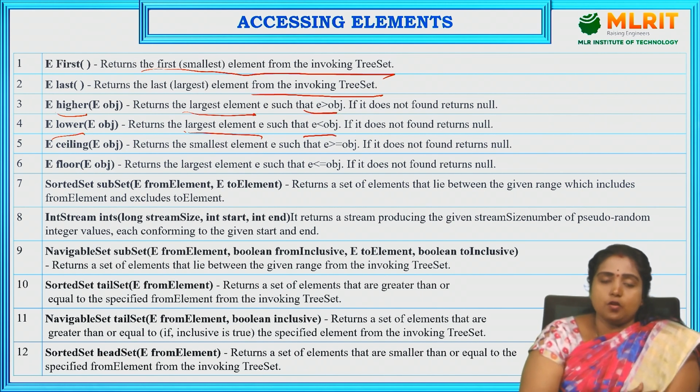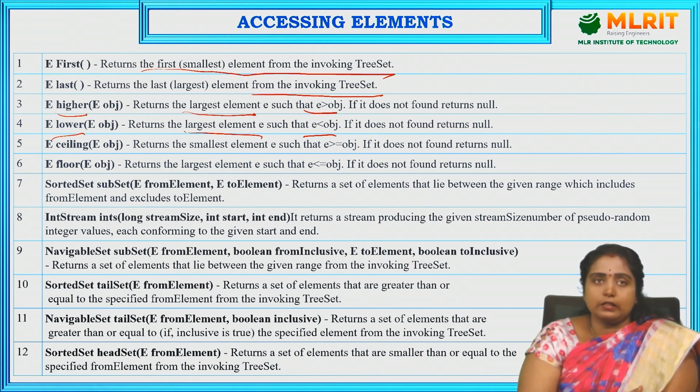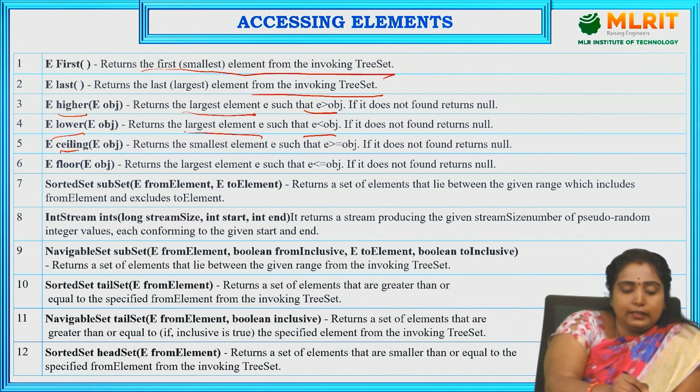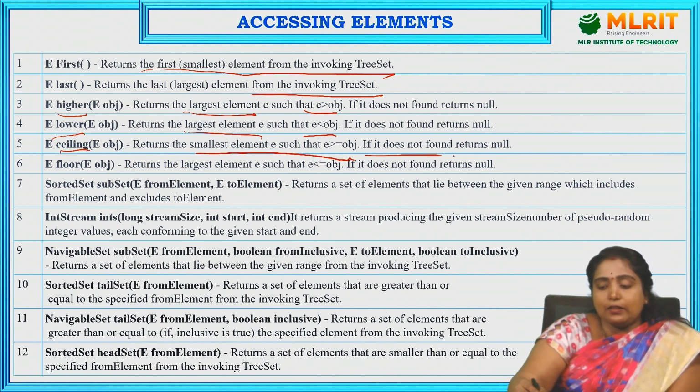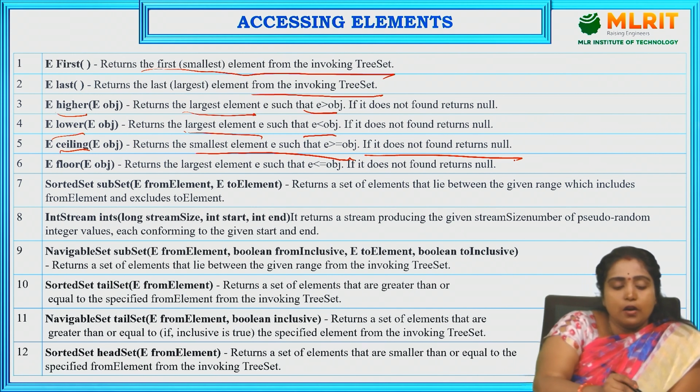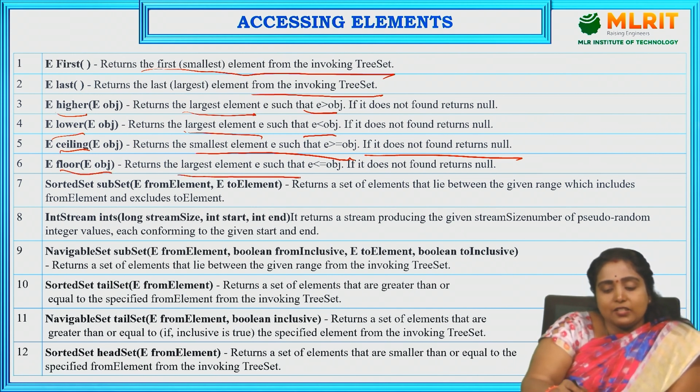If no element is found, it will return a null value. Ceiling will return the smallest element at or above that particular object, and if not found, it will return a null value. Floor will return the largest element at or below it.